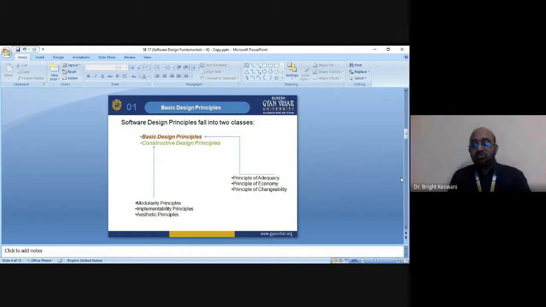So you can say that a design must specify systems that satisfy product requirements as per the design constraints. So what is the principle of adequacy?